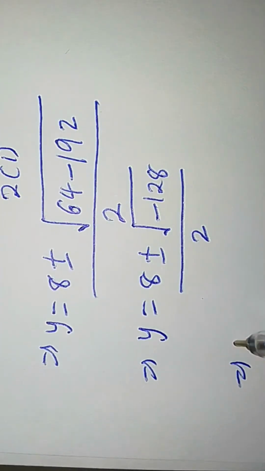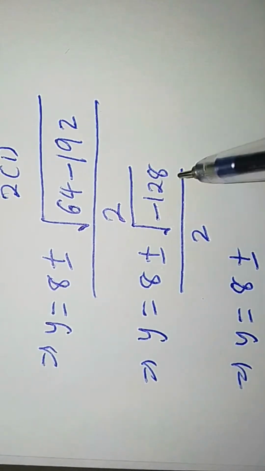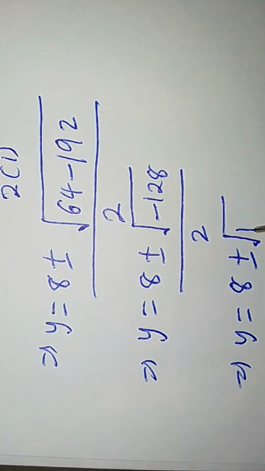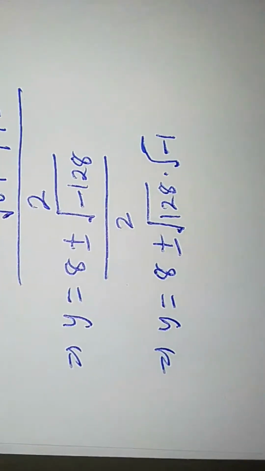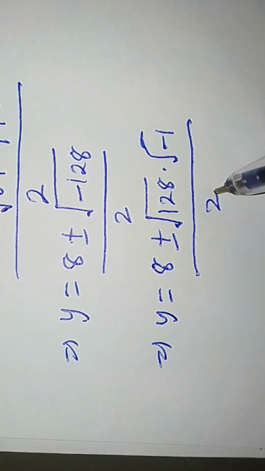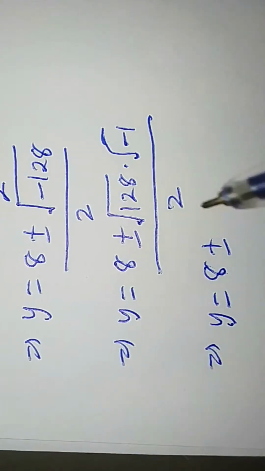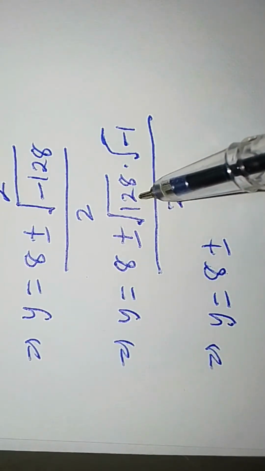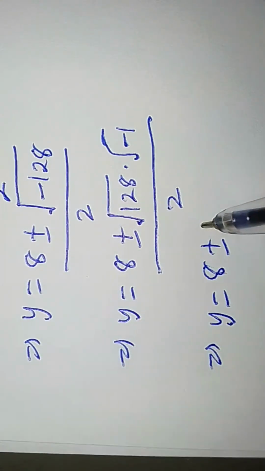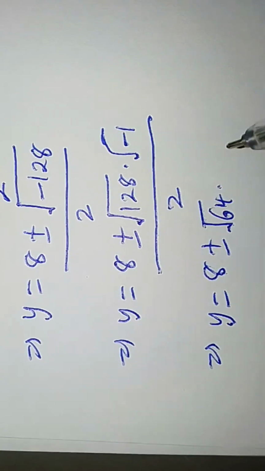Let's proceed further. This implies that y is equal to 8 plus or minus square root of negative 128, which could be written as square root of 128 times square root of negative 1, divided by 2. We can rewrite square root of 128 as square root of 64 times square root of 2.